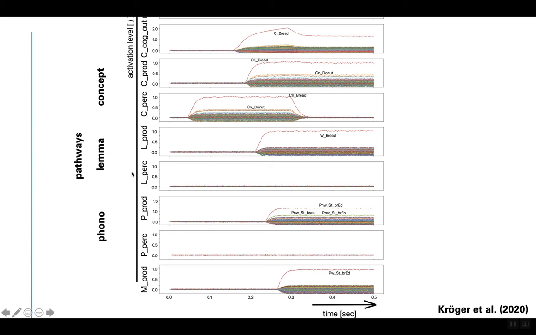The same happens on the phonological level. If we have the activation of bread, we get an activation of phonologically similar syllables like bran or brass. So we get these co-activations, but it doesn't make any problems. We get the correct activation of the word bread at the motor level.